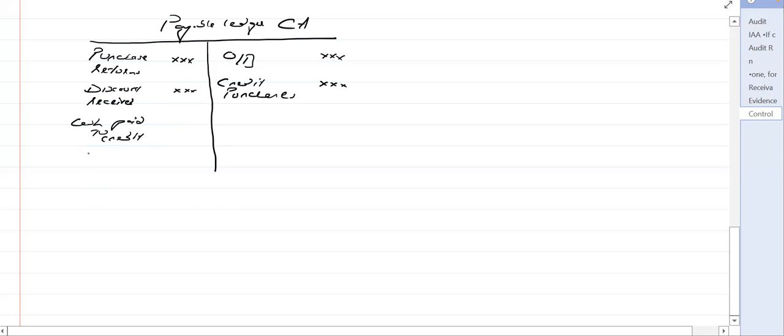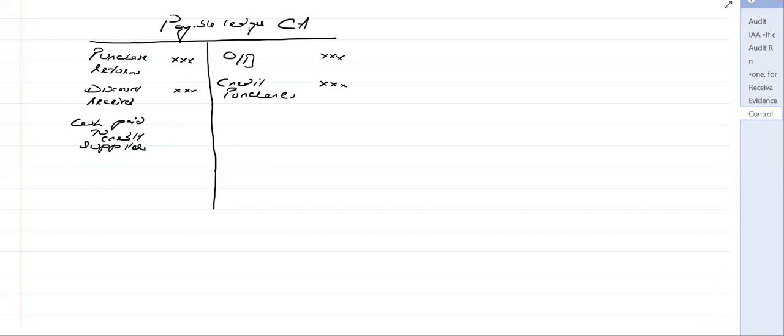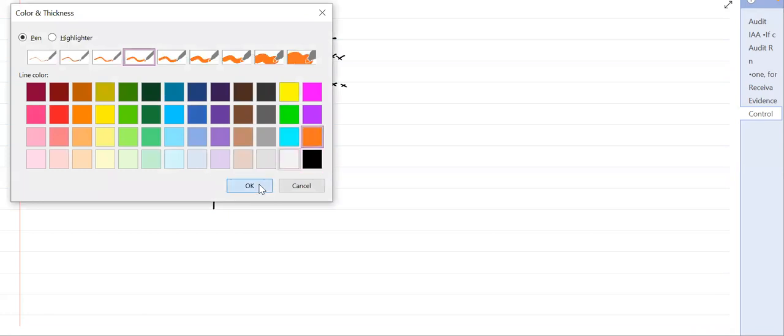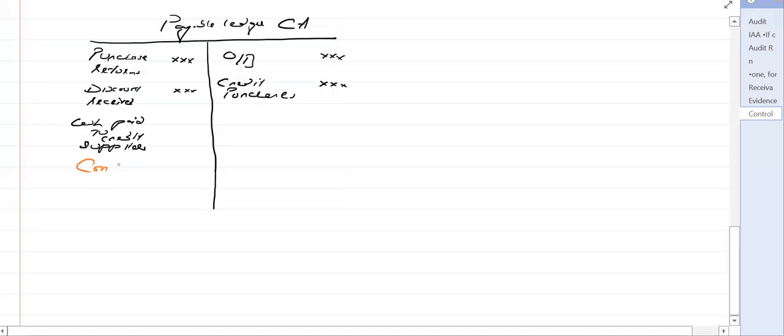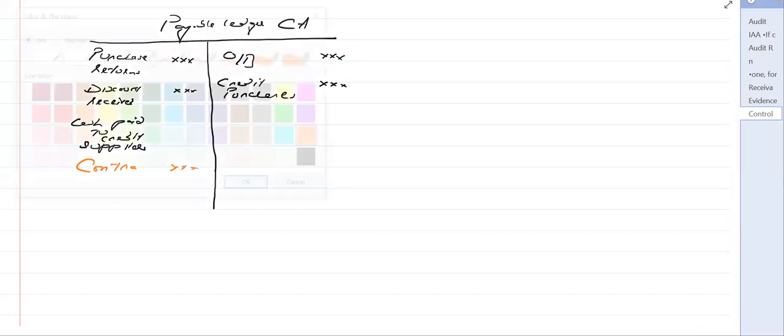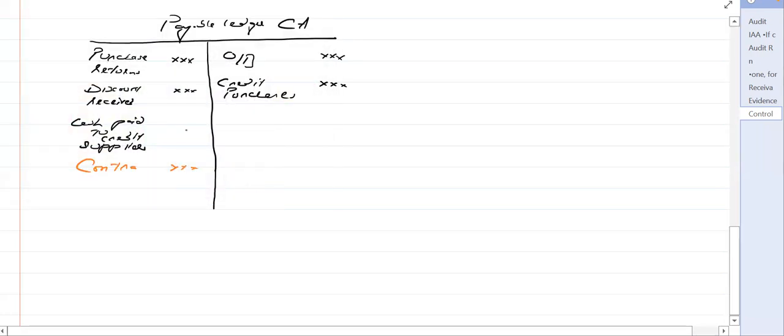These are not the cash purchases. And then again, we have the contra balance, which we discussed over there. And then we will have the closing balance.